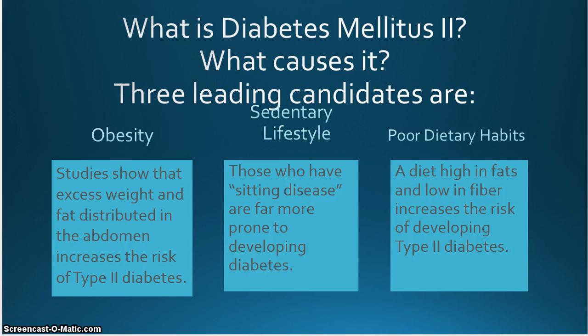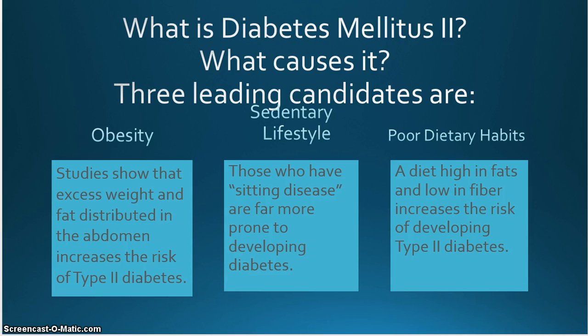these three leading candidates. One being obesity. Studies show that excess weight and fat, especially if it's distributed in the abdomen, increases the risk of type 2 diabetes. And secondarily, we have the sedentary lifestyle.